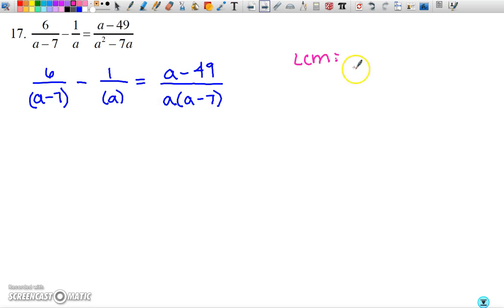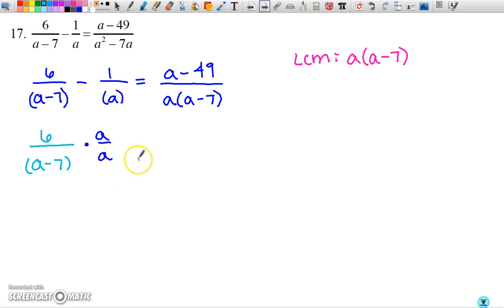And you'll notice that if we take a and a minus 7, this one only needs an a, this one needs an a minus 7, and this one doesn't need anything at all because it has both pieces already. So we can build up. We'll take 6 over a minus 7, and we're going to multiply by a over a.